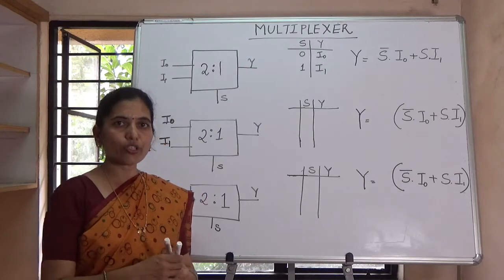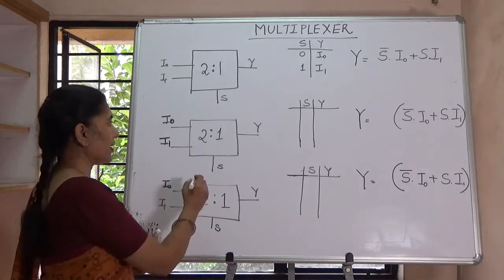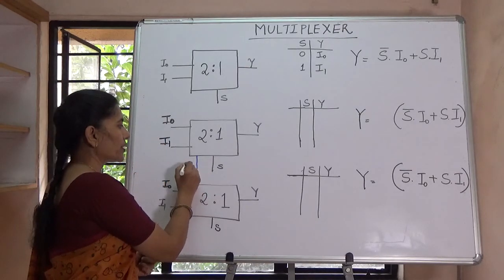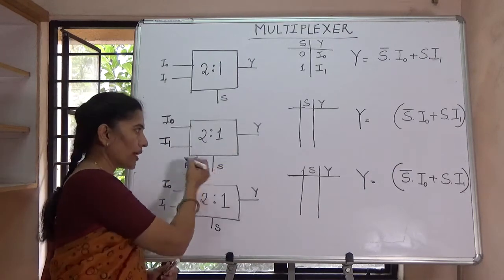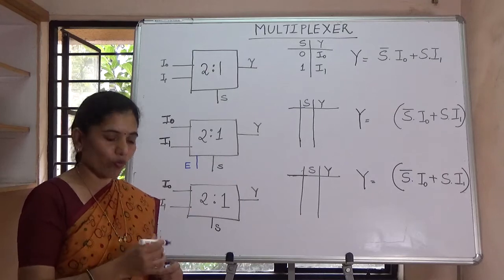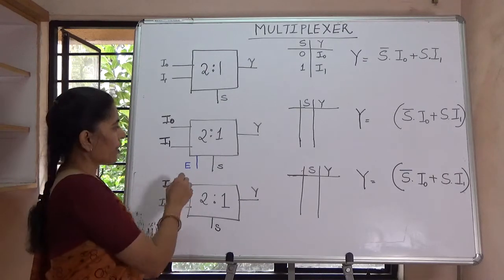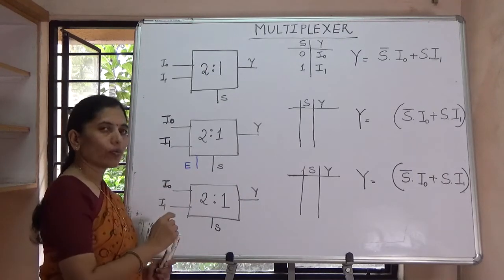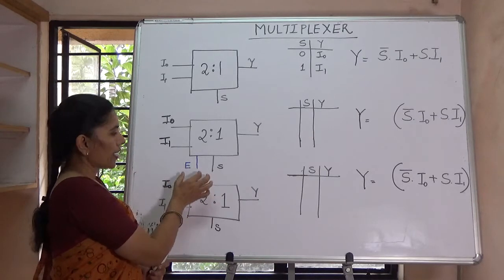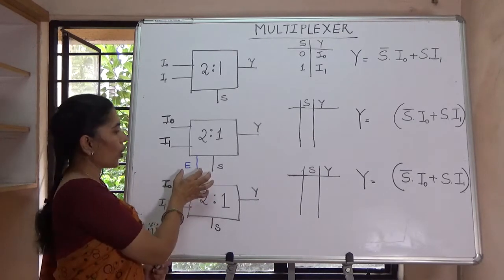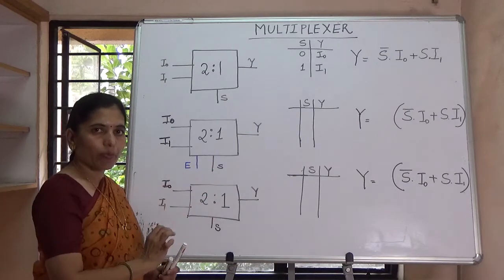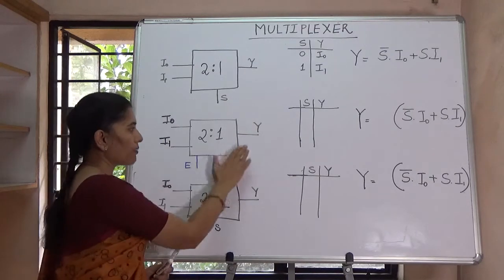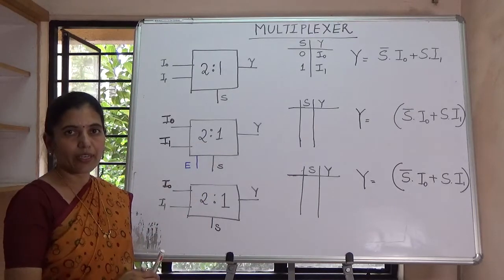After this we introduced one more line, which was the enable line, and the purpose of this enable line is to enable the multiplexer function overall. If the enable line is not selected, or it's not given the proper input, then the entire multiplexer function should be disabled.